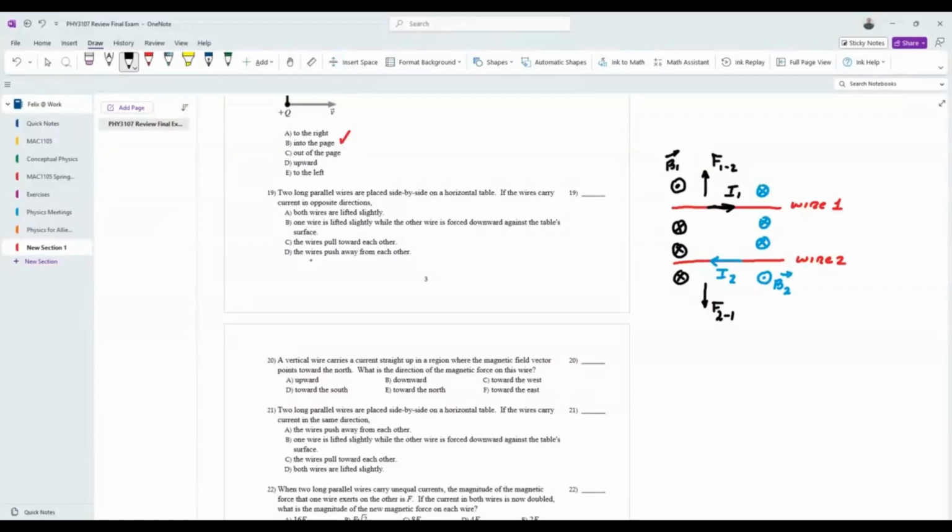So the right answer in this case should be answer D, that the force pushes them away from each other. Remember, these 2 wires are resting on the plane of a table. So what the force is doing is just pushing them away, one from the other.